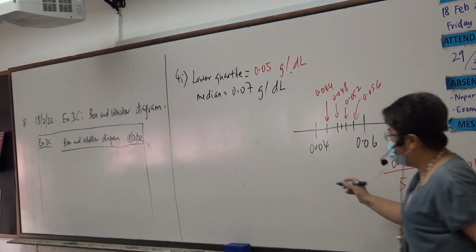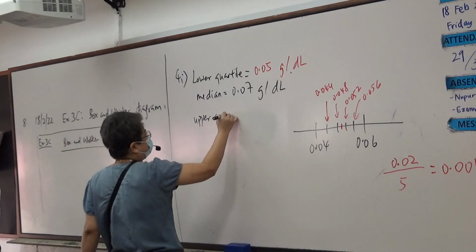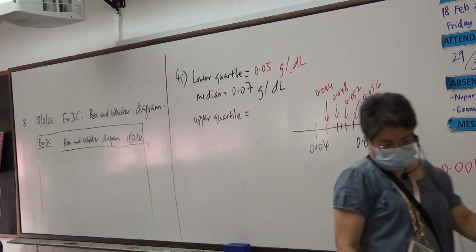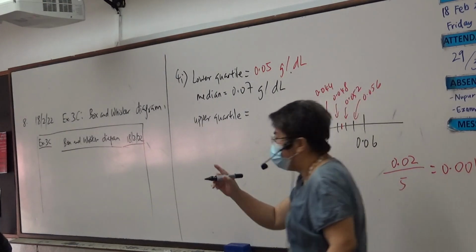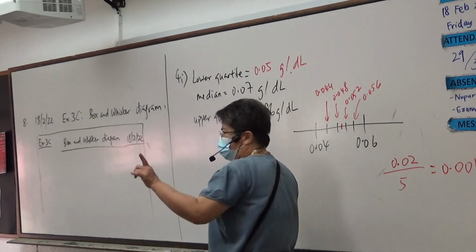The upper quartile. Upper quartile. Read carefully. 0.08 what? 6. Do you get it? Okay. 0.086 gram per deciliter.